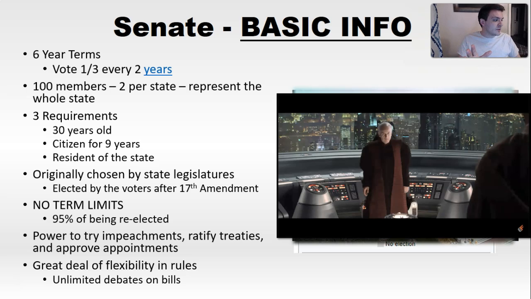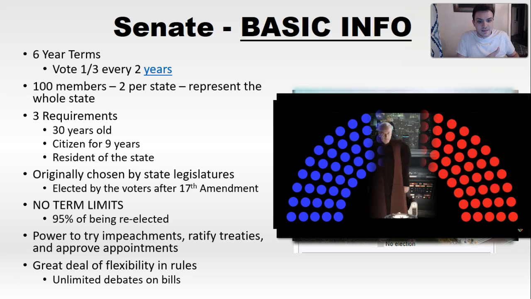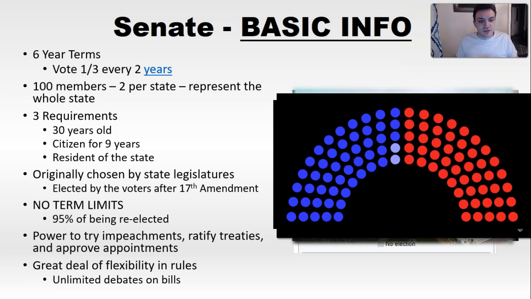Before we move on, the last thing I want to hit on is the current makeup of the Senate, because this is going to play into our next slide when we look at the leadership within the Senate. So right now, the Senate is split, basically 50-50. There are currently 50 Republicans within the Senate.